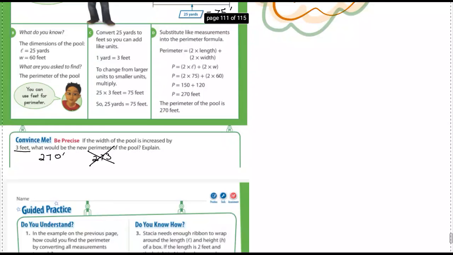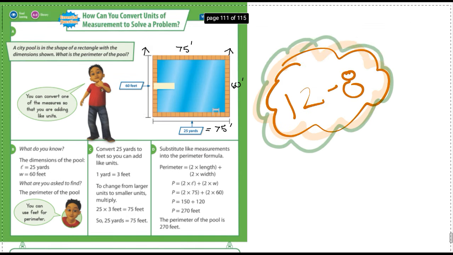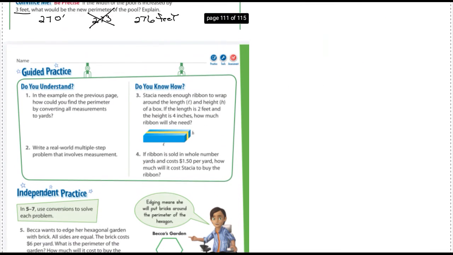So back to the convince me question. It's not 273, it's 276 feet. Because you're adding 6, because it's 3 feet on both sides. Okay, 276 feet.